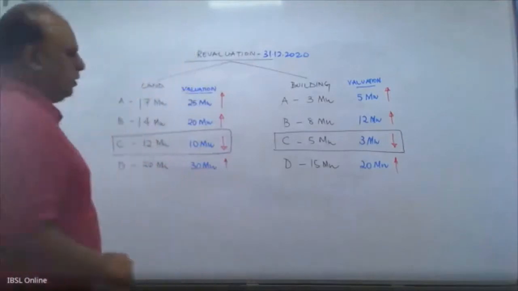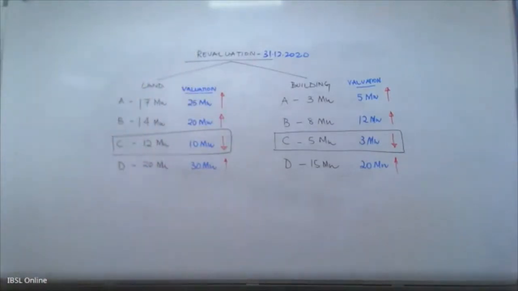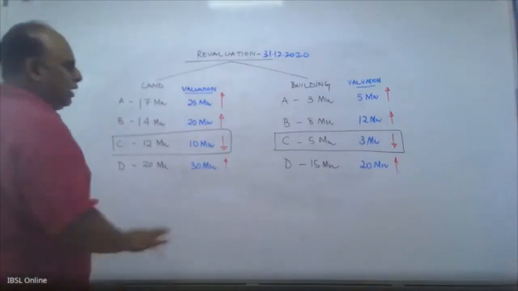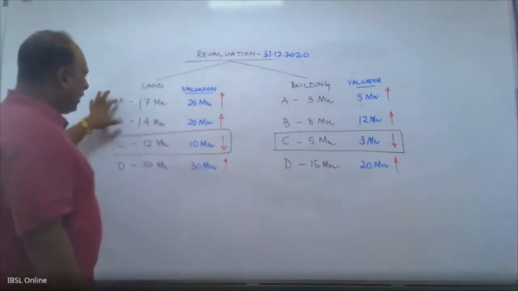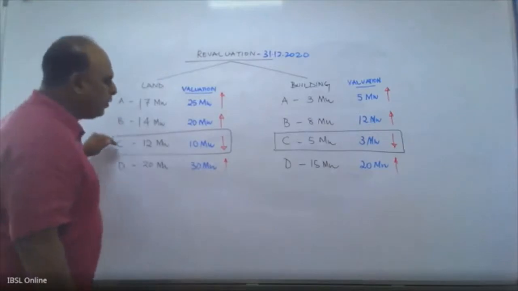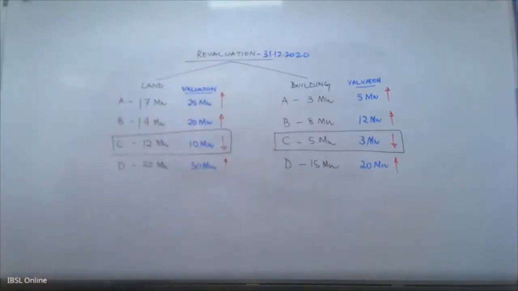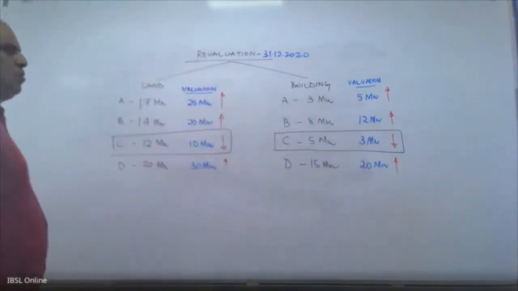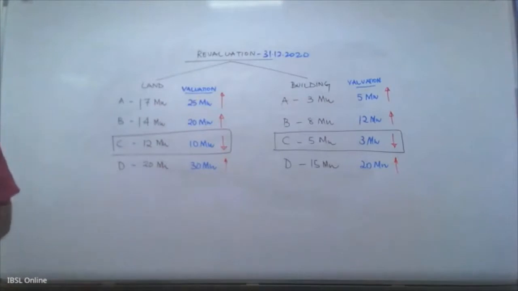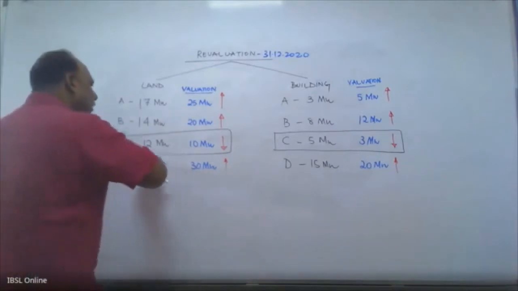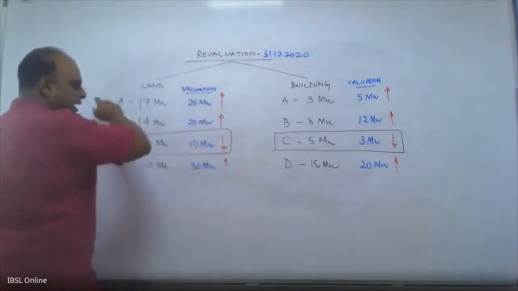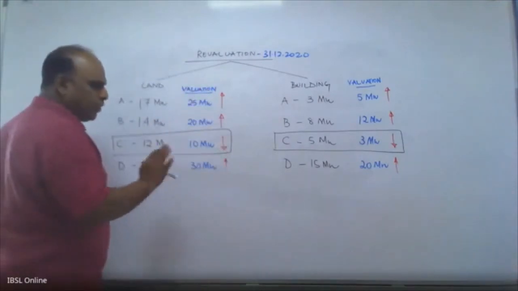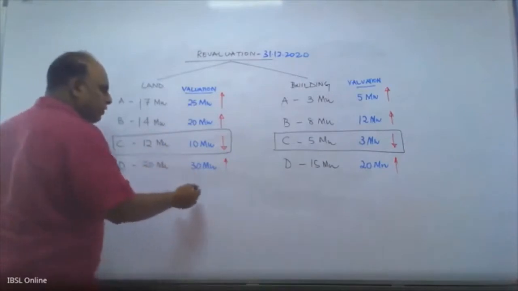So what you are deciding is, I have done a revaluation, I will take only A, B, and D. I'm going to leave out C. I don't want C because value has gone down. So according to the standards, you can't do that. When you are revaluing your assets, you have to revalue the entire class of assets, whether you like it or not. Whether the value has gone up or down, it doesn't matter.